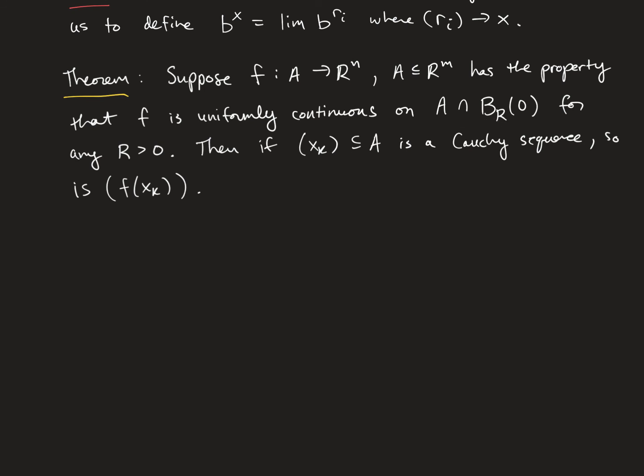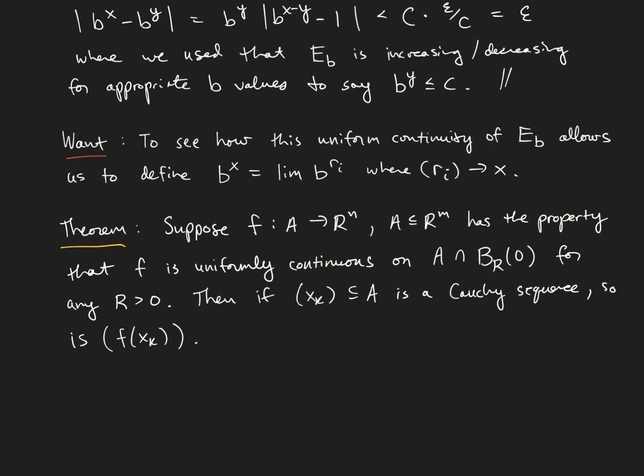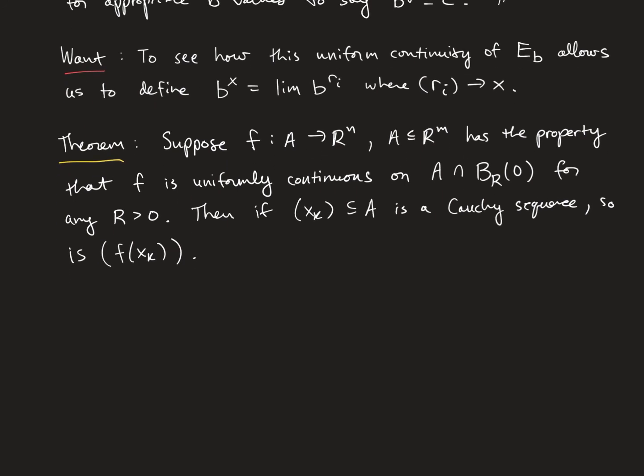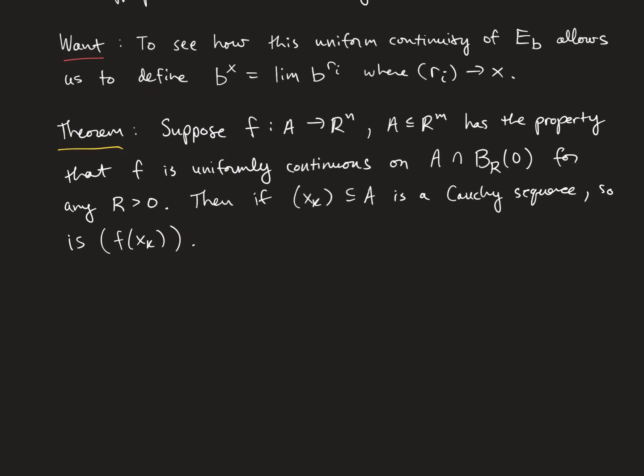We'll show that as long as we have a sequence of rationals, like the Ri up here, a Cauchy sequence, so a converging sequence is a Cauchy sequence, then the image sequence is also a Cauchy sequence and therefore convergent. So then this limit of b to the Ri's will make sense. Okay, so this is just the general statement.